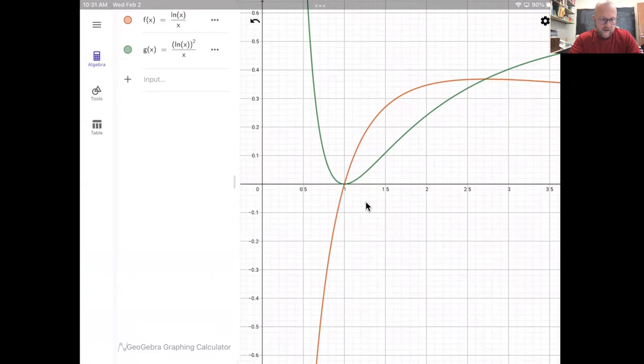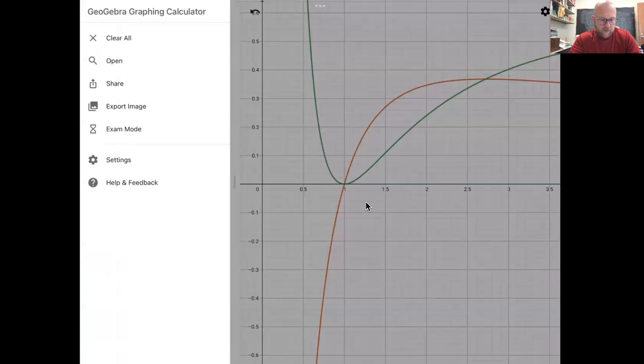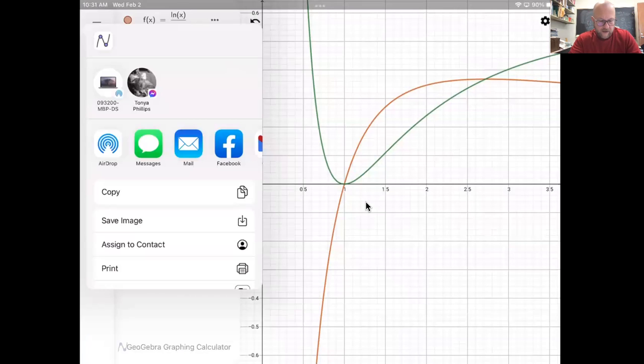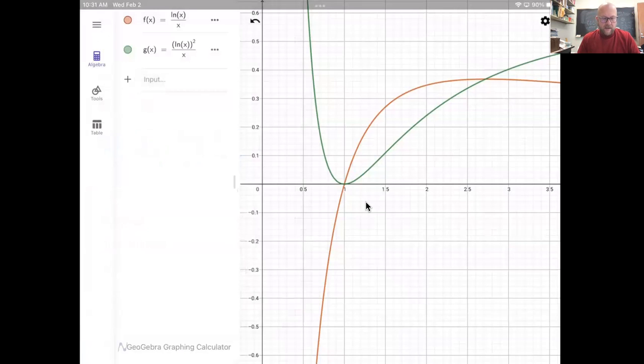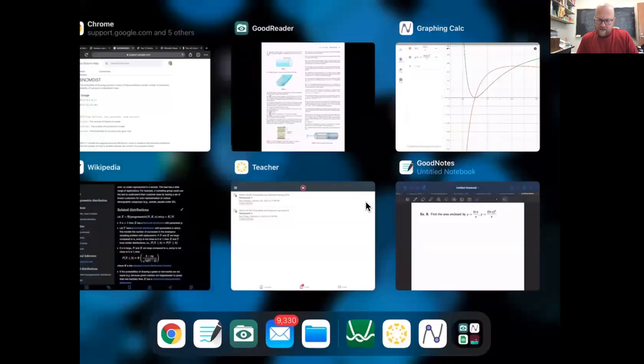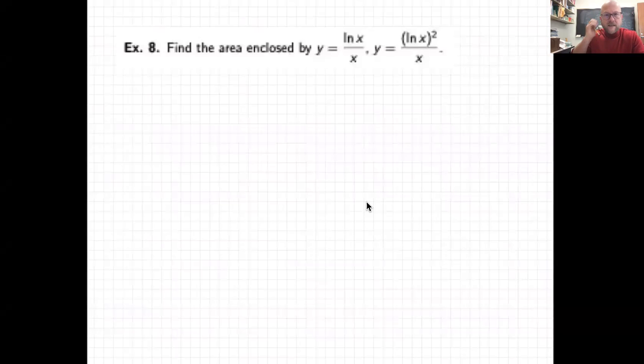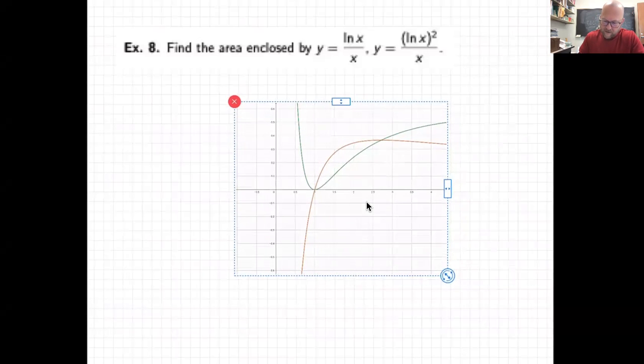So then I'm going to go ahead and do the same things as before. Export an image, tell it to copy. I've been saying that I didn't like that they changed the controls there, but I'm thinking now maybe I do. It seems like the control is a little bit more sensible.